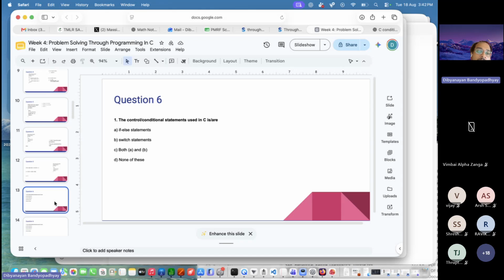So this is a simple question actually. The control conditional statement used in C, which are the control statements: if else statement, switch statement, or none of these.